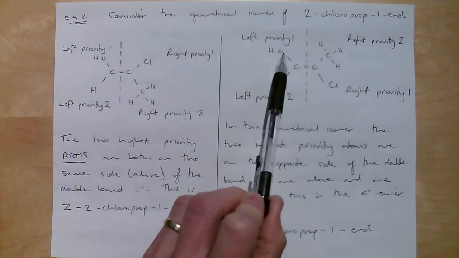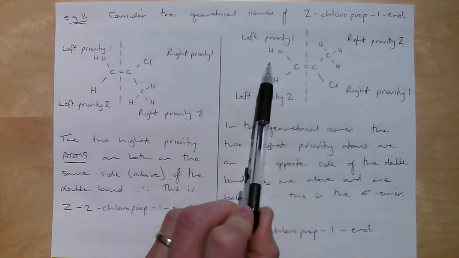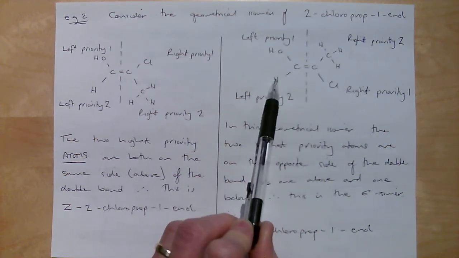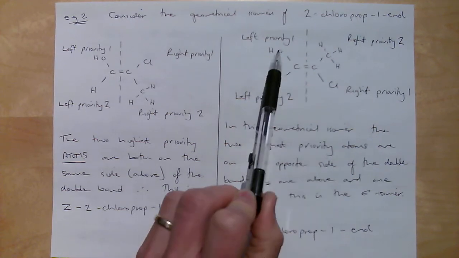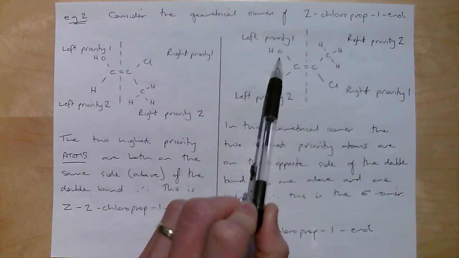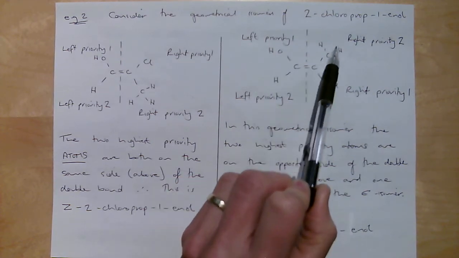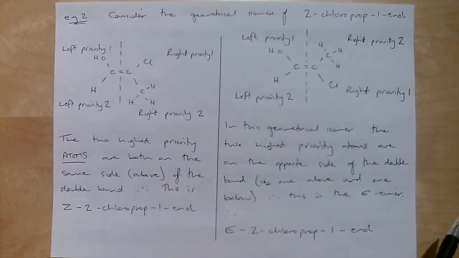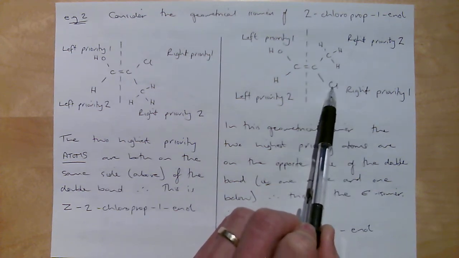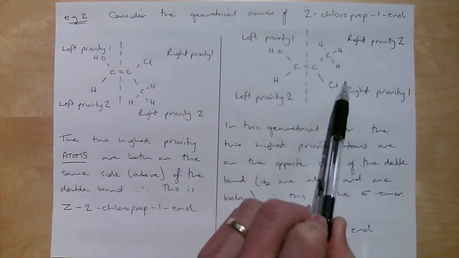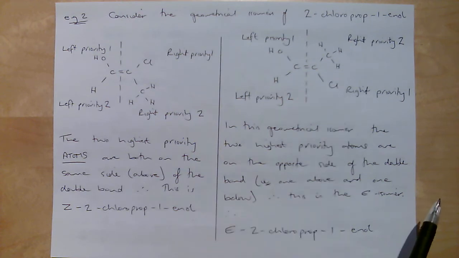Okay, let's have a look at the other isomer, the other stereoisomer. Okay, so I find my double bond, I look to the left, I'm comparing this group and this group, I apply my CIP rules. Okay, so oxygen has a higher atomic number than hydrogen. Okay, so that's my priority group on the left. Look to the right hand side of the carbon-carbon double bond. Okay, the chlorine has a higher atomic number than the carbon, so that's my priority group on the right hand side.